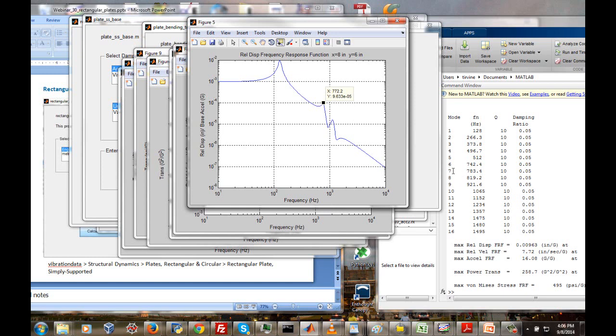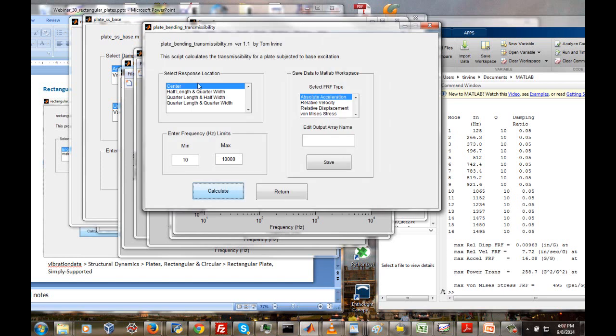So that looks like it's actually corresponding to the 7th mode. Now, the second and third modes both have zero participation factors, so they don't even show up. But the 4th mode did have a non-zero participation factor near 500 hertz, but you can't really see that at all. But if we go to a different location on that plate, so let's do a quarter length, quarter width, let's see how the transmissibility changes there.